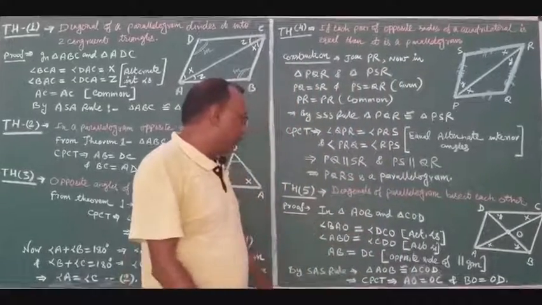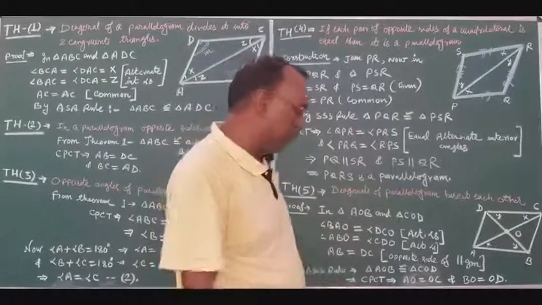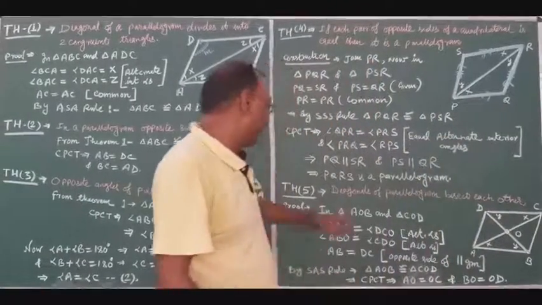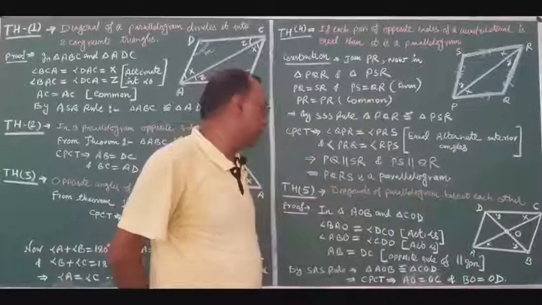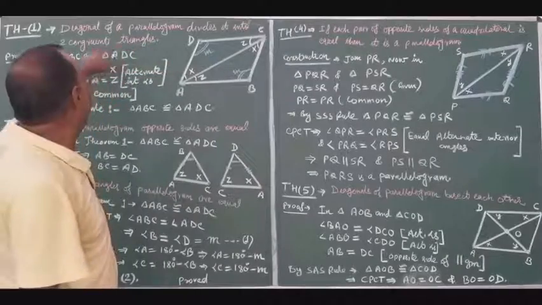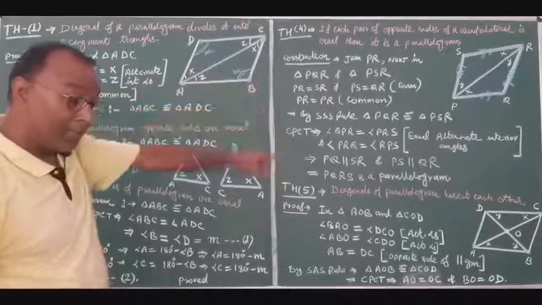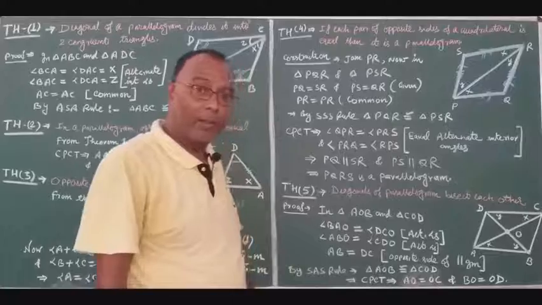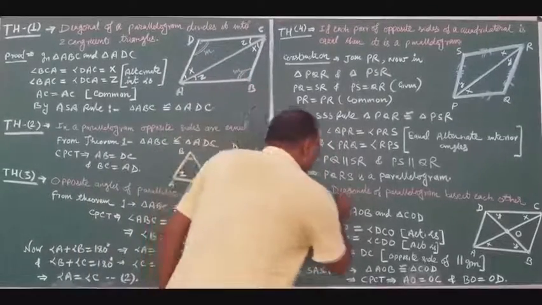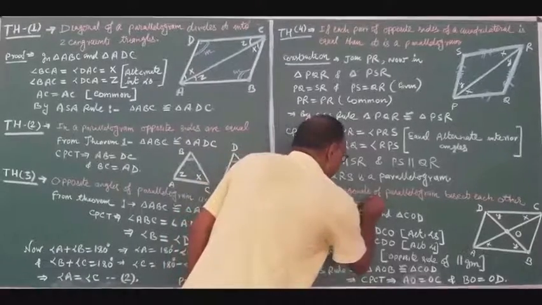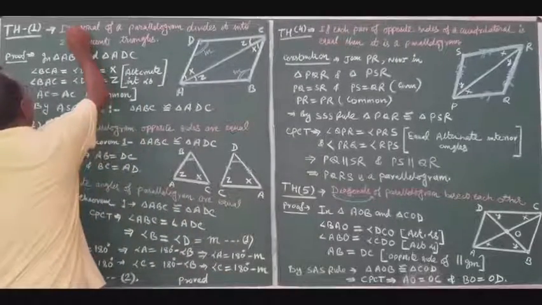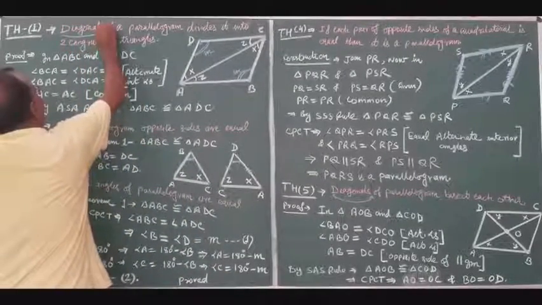The next theorem: the diagonals of a parallelogram bisect each other. Just look at the statement of this theorem. Diagonals of a parallelogram bisect each other, and the earlier one says a diagonal of a parallelogram divides it into two congruent triangles. There is a difference in the statements. Both look just the same, but here is the plural word, diagonals, and here is diagonal.